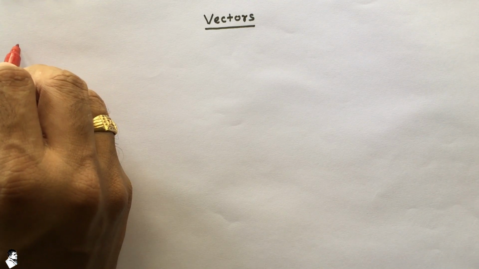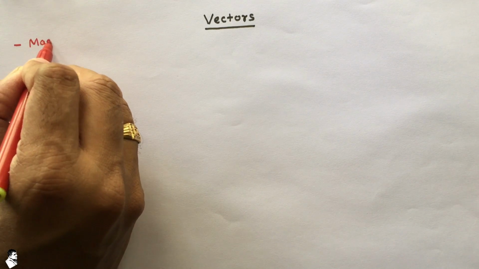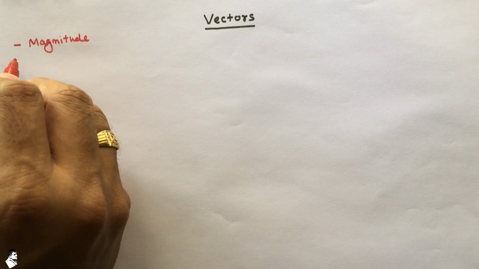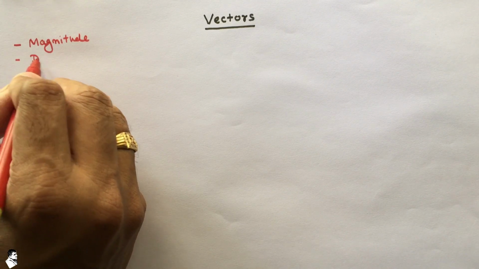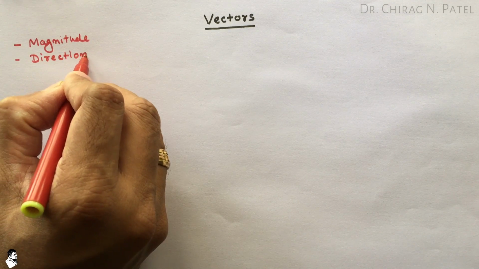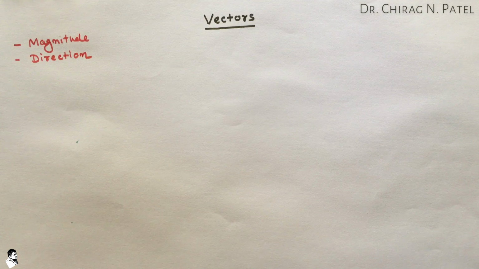Vector quantities are quantities that generally require two things to define them in a proper way, and that is magnitude as well as direction. Without these two things we cannot define the quantity in a proper manner.